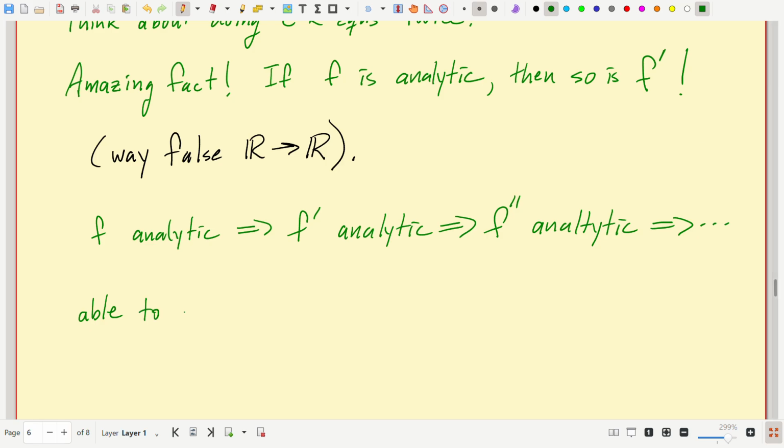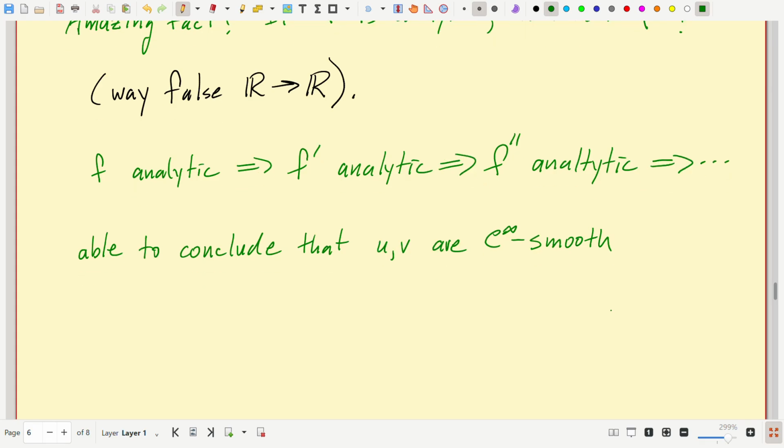So we're able to conclude that u and v are infinitely differentiable, and all those derivatives are continuous. So that's called C infinity smooth. All partial derivatives exist and are continuous.